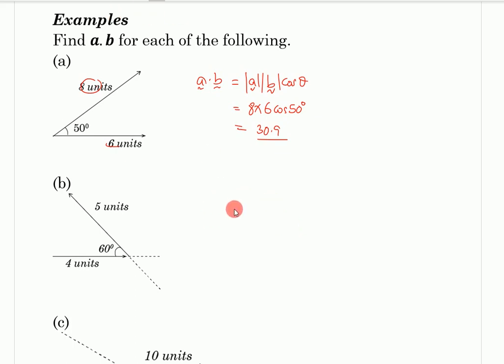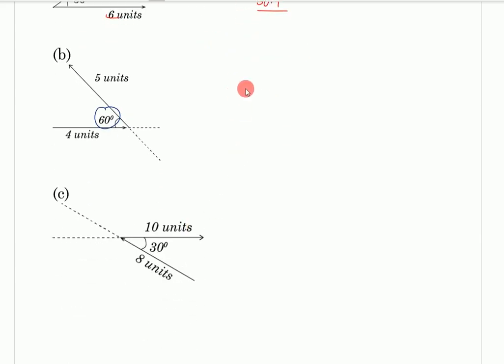Then number 2. For this one, the 60 we have here is not the angle between these two vectors. For this one to qualify to be the angle between the vectors, they must be coming from a common point or entering a common point.